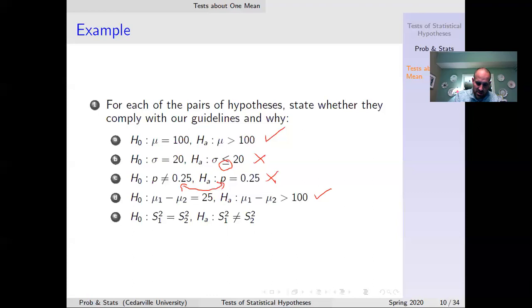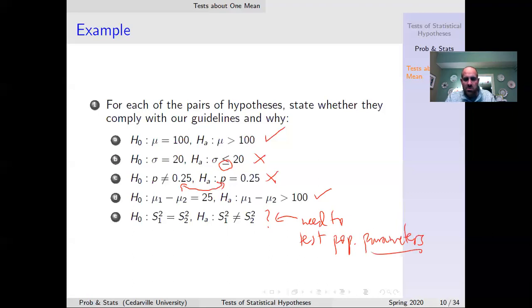So I'm going to put a little question mark here and just say that we need to test population parameters. We don't ever formulate our hypotheses, null or alternative, based on actual sample statistics.